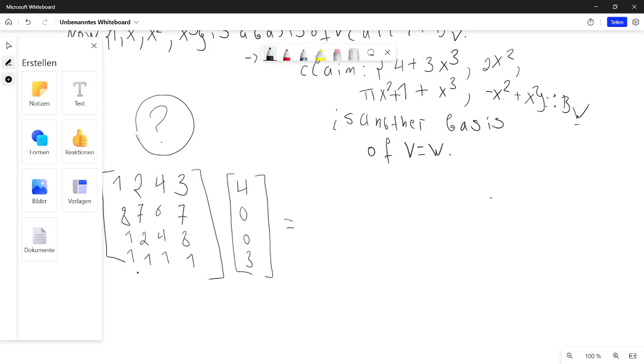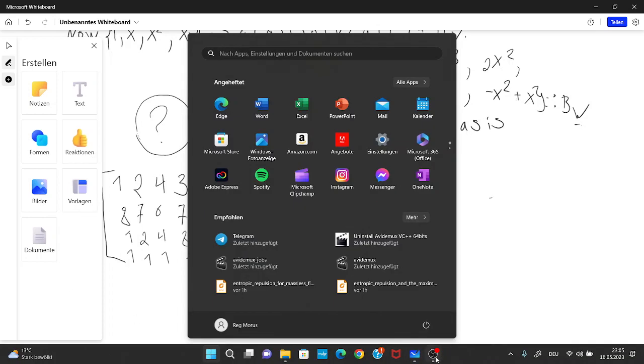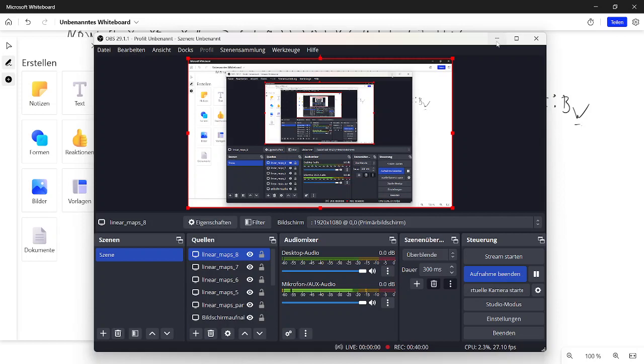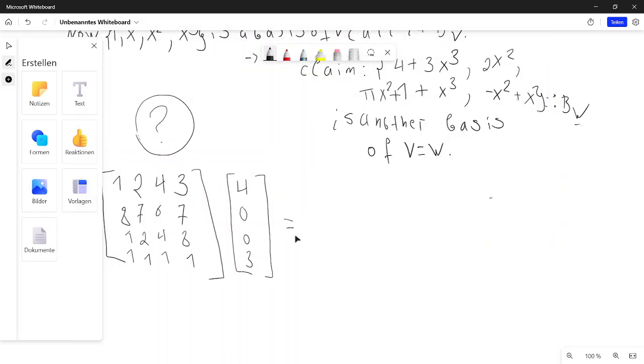What would I actually like to do? I already use that knowledge about coordinate representation. So I'd like to have the coordinates of the vector I compute in that basis. And that's what I would like you to compute afterwards. Imagine you are a student and you would have to compute that.